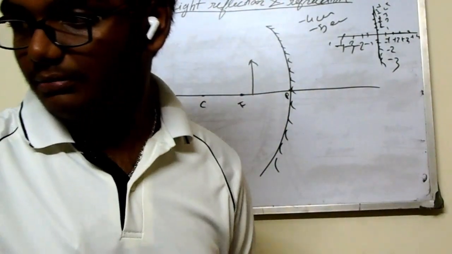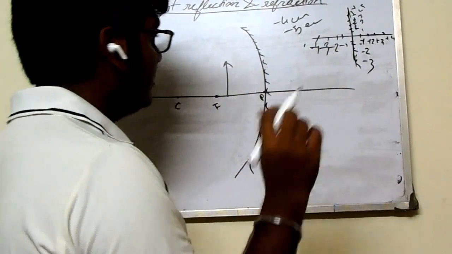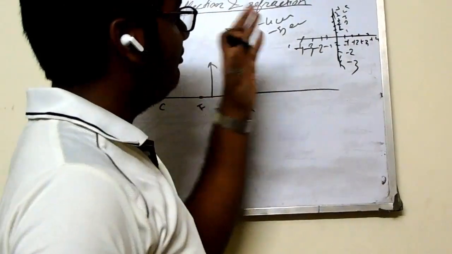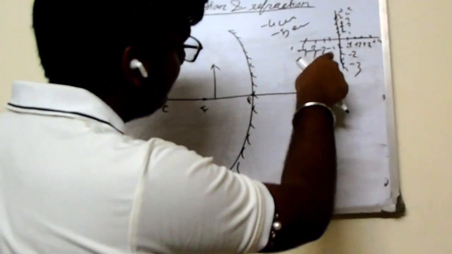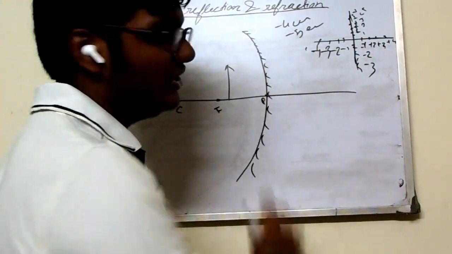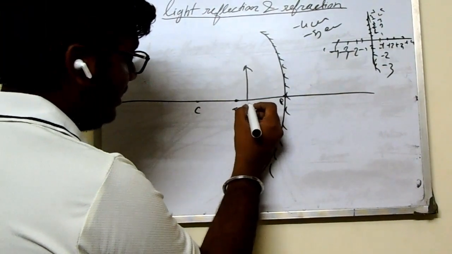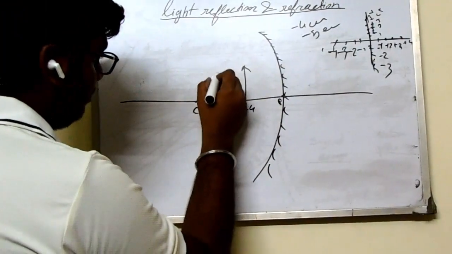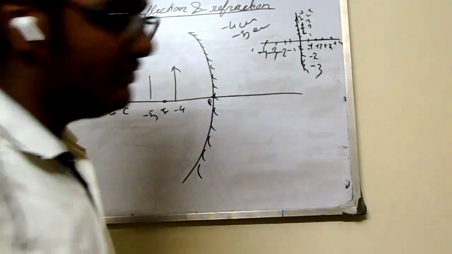The object distance will every time be minus, as the object is placed on the left hand side. We have seen that on the left hand side it is always minus: minus 1, minus 2, minus 3, minus 4, everything. Let it be minus 4, minus 5, minus 6, like this.